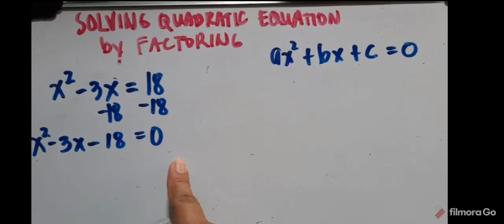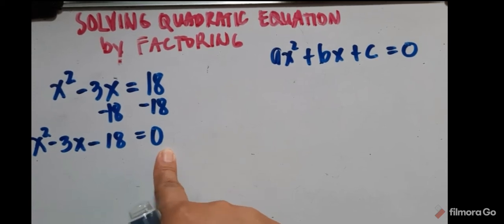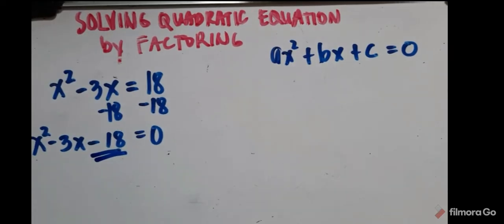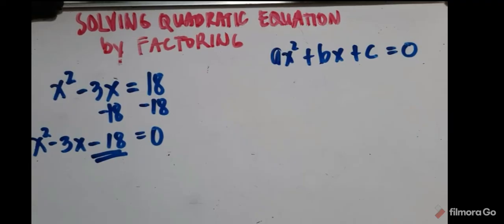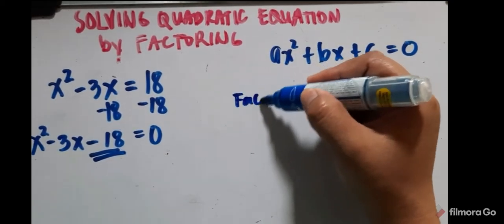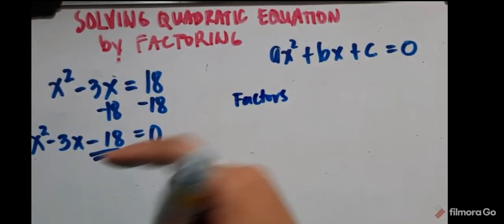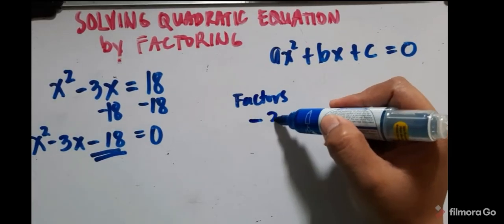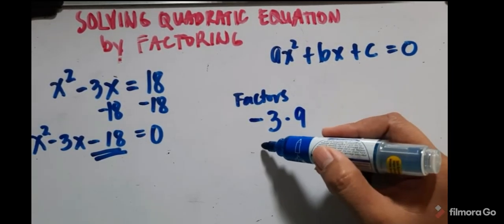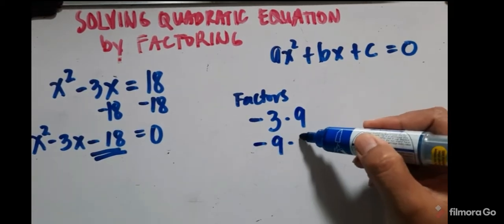This time, we are going to factor the trinomial. So, again, what are the factors of negative 18? Let's list down possible factors of negative 18. So, that is negative 3 times positive 9, or negative 9 times positive 3.